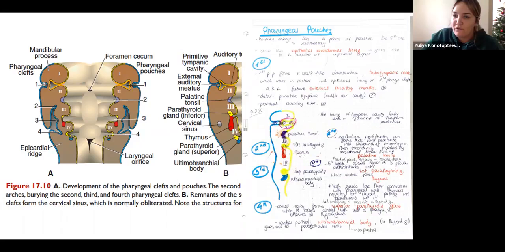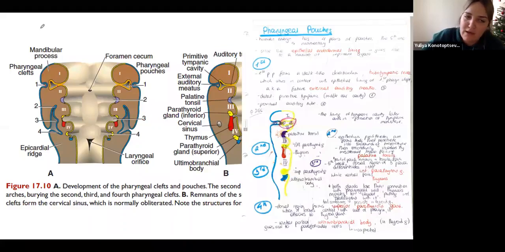We had 4 pharyngeal clefts. We're going to see that approximately around 1.5 months of age of the embryo, the second, third, fourth pharyngeal clefts start to fuse together, and eventually they will disappear.